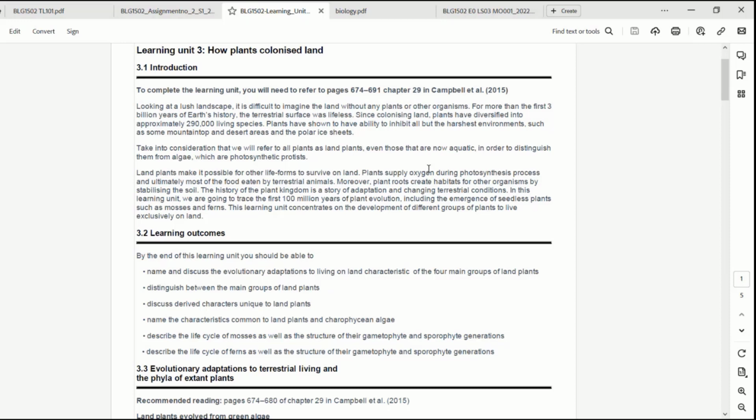If you go underneath, you'll find some aquatic plants. We need to distinguish them from algae, which are photosynthetic protists, so we'll go through that comparison.